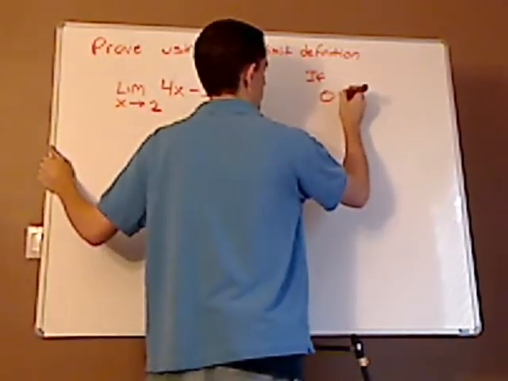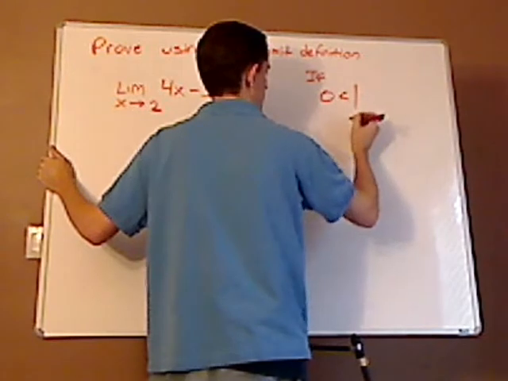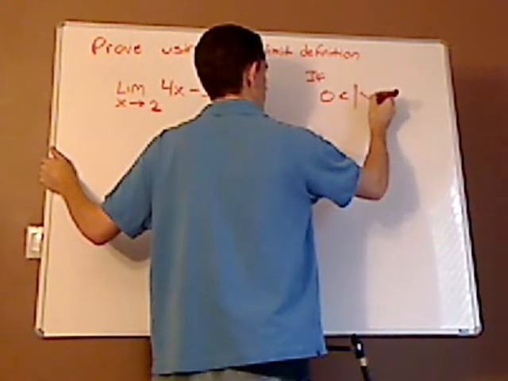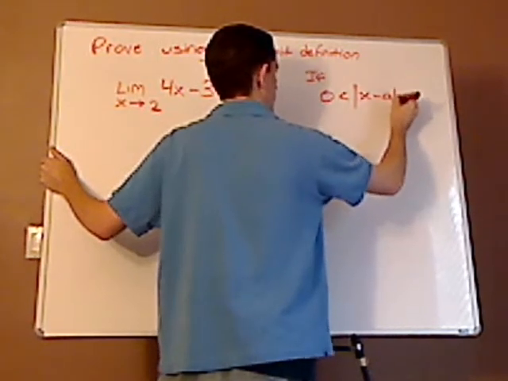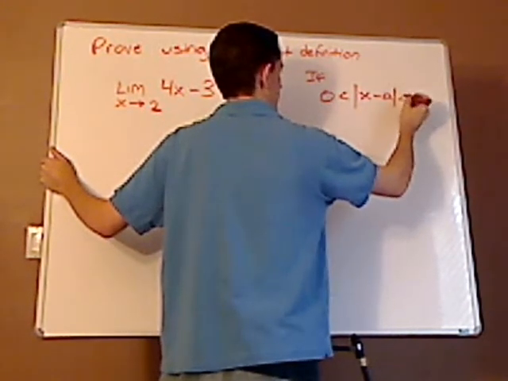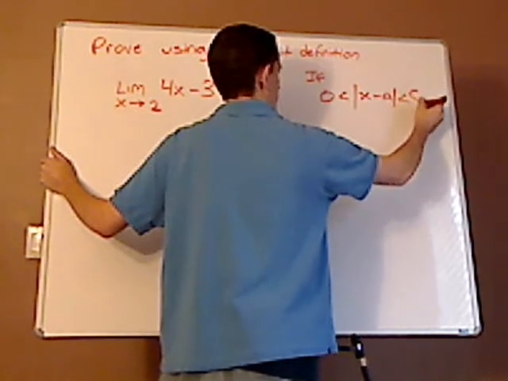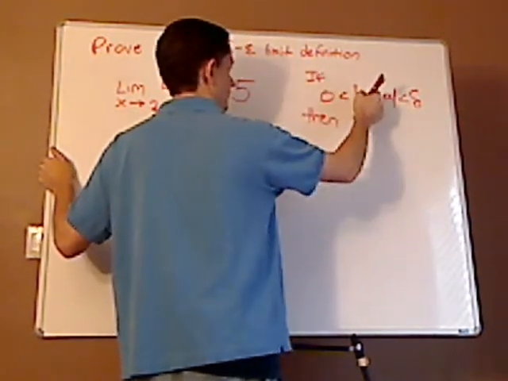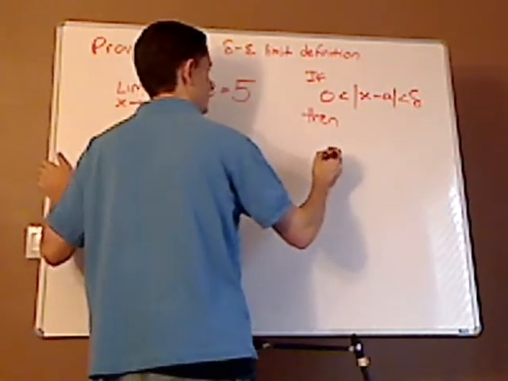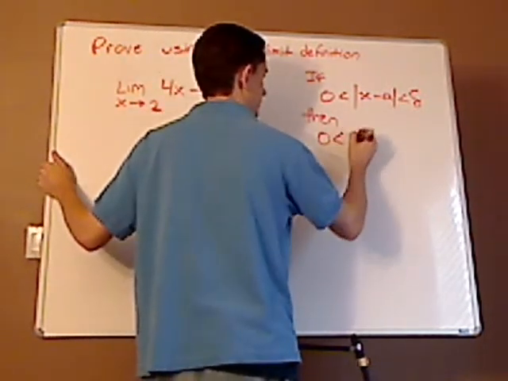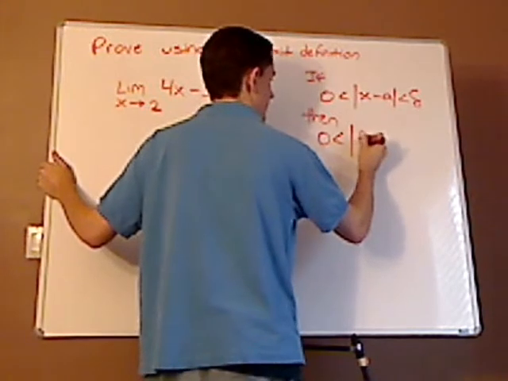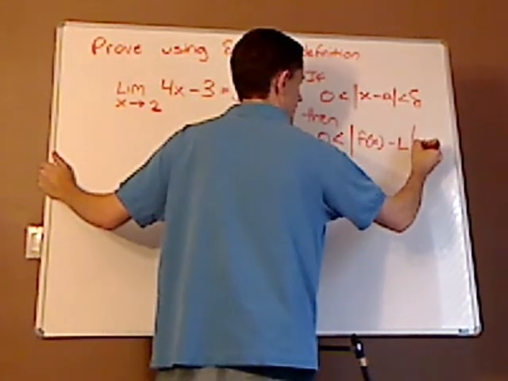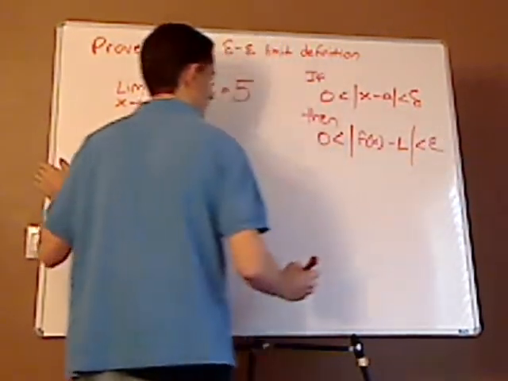You have 0 is less than the absolute value of x minus a is less than delta. Then, in other words, you're given this, and then you have to prove that 0 is less than the absolute value of f of x minus L is less than epsilon.